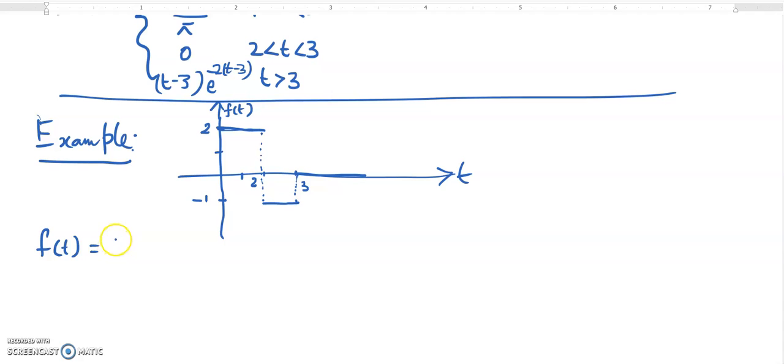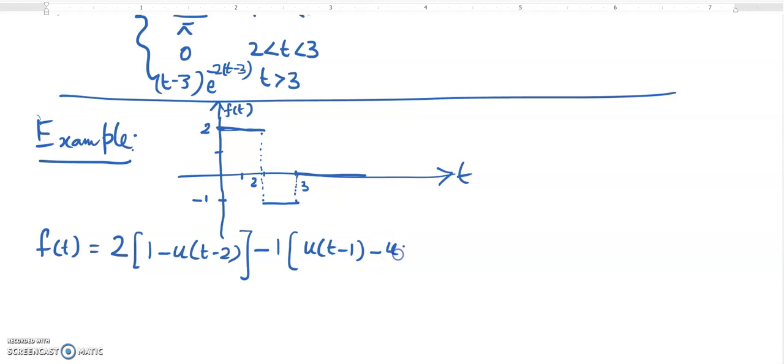Then we can start from 2, and then within bracket I can write 1 minus u of t minus 2. And then the next function is -1, so I can put -1 times u of t minus 2 minus u of t minus 3.